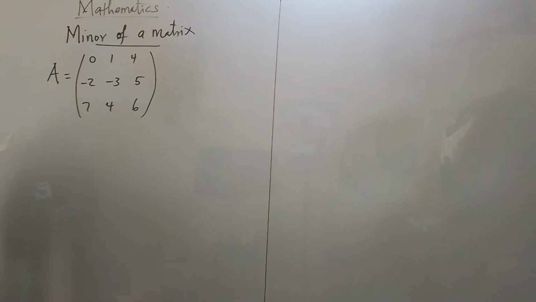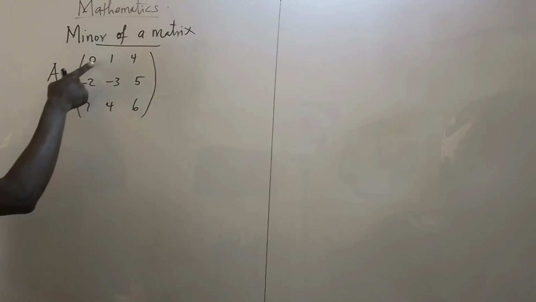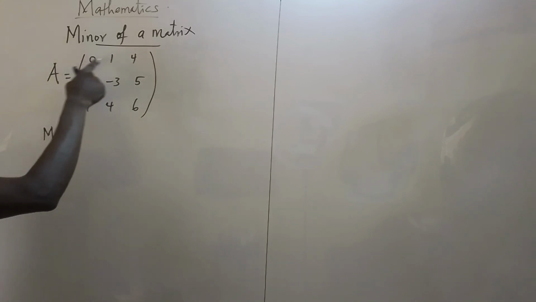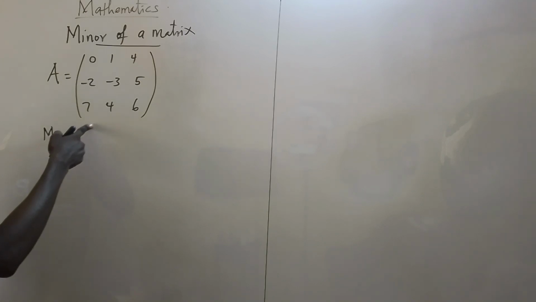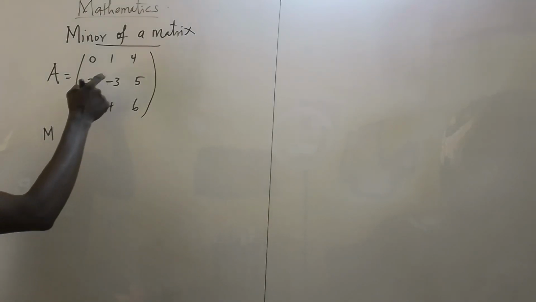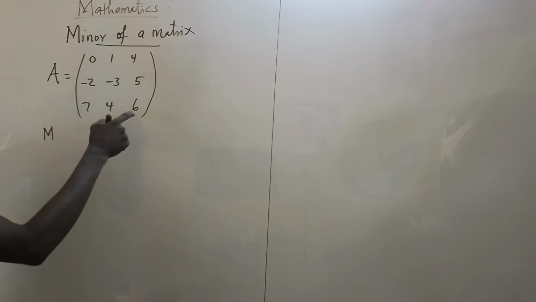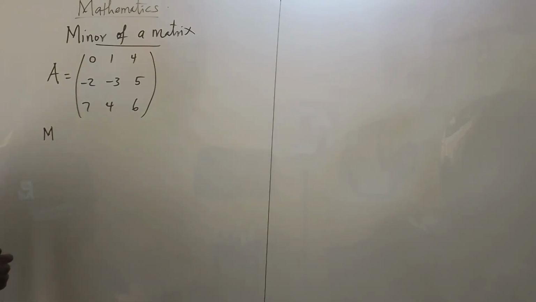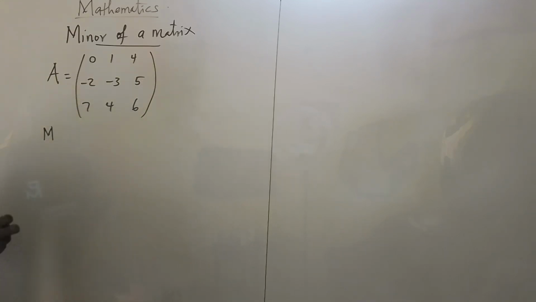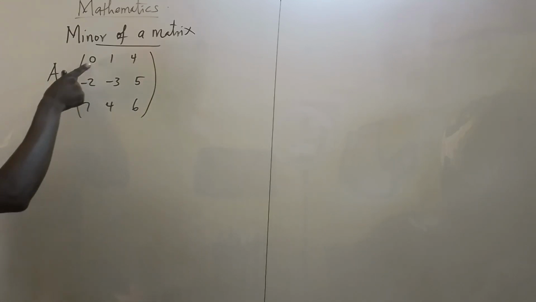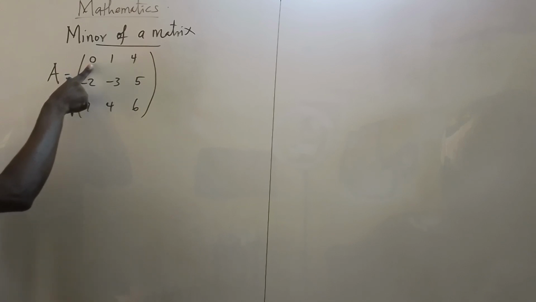If I need the minor corresponding to the element 0, I delete the row and the column that the 0 belongs to. The determinant of the leftover matrix, or submatrix, is called the minor of the element 0.